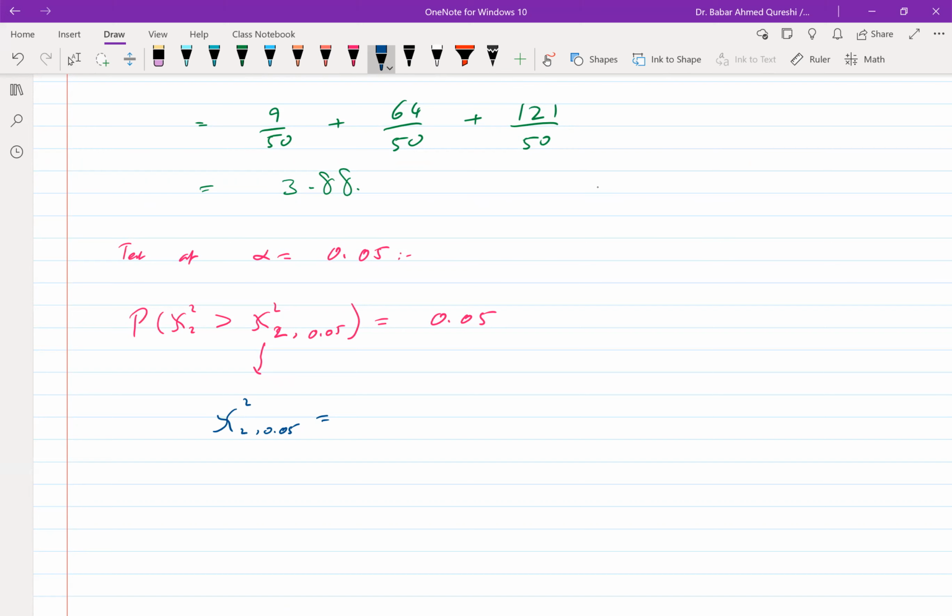What I have to do, I have degrees of freedom 2 and probability of chi-square being greater than this critical value, I want it to be 0.05. So this gives me the critical value 5.99.